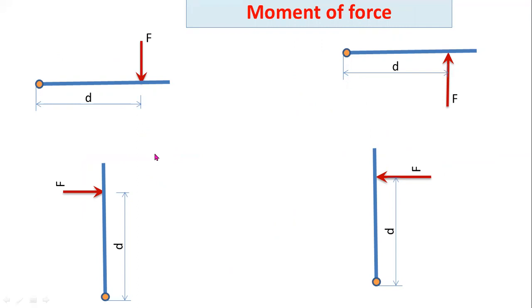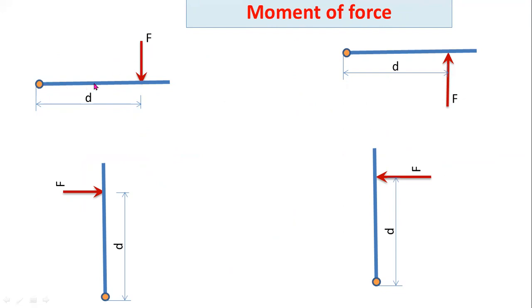Already we know that moment of force is the product of the force and the distance between the line of action of the force and the point of rotation. In this case, this is a turning point.